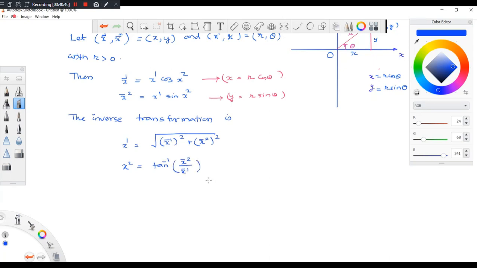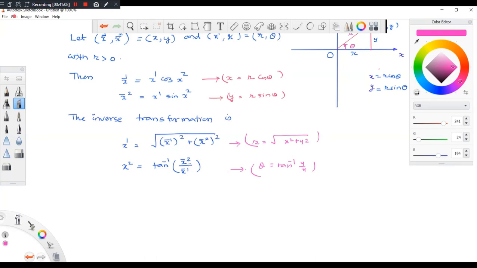So these two transformations are nothing but r is equal to square root of x square plus y square, and theta is equal to tan inverse y by x. But I have written it in a different fashion. So this is the meaning.